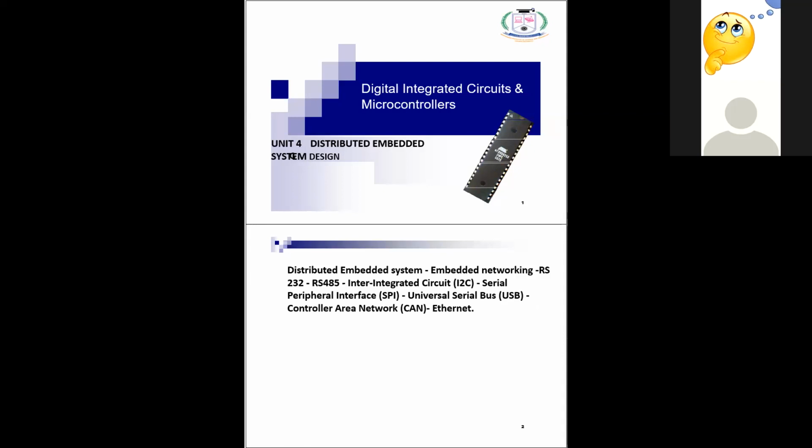But you have to understand that RS means recommended standard, a serial protocol. Using telecommunication standards, they developed RS232 and RS485. When we look back, the version of RS232 was developed in the 1960s.